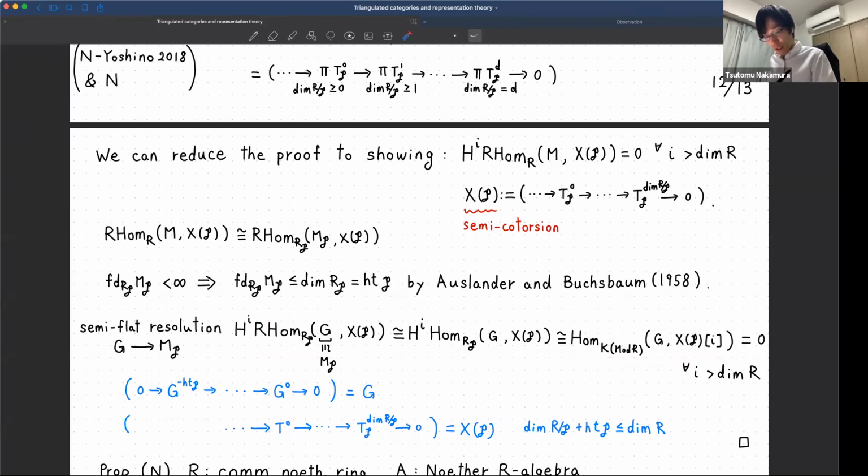So suspension corresponds to the suspension in this direction. And we know what X_p is: the distance from here to here is at most the Krull dimension of R. So if we shift X_p by more than dim R, then clearly this Hom set vanishes, namely this cohomology vanishes. So this is 0, and the proof is completed.